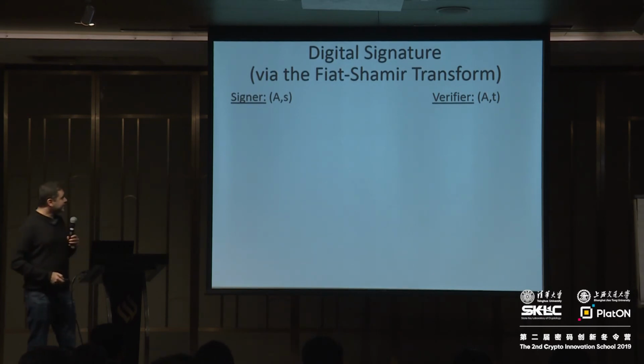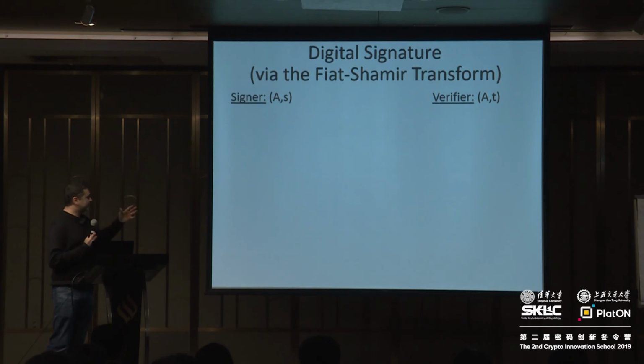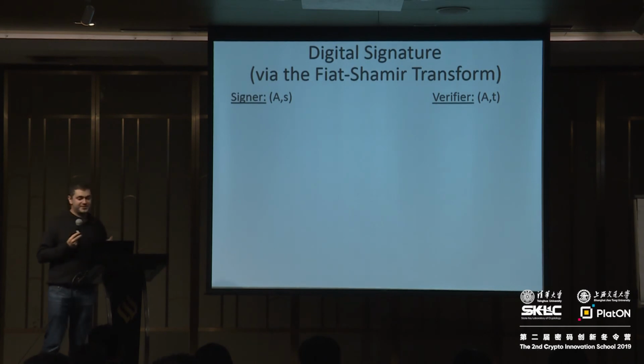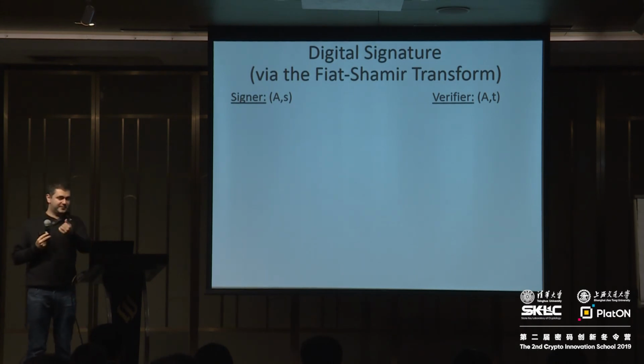So here's the digital signature via the Fiat-Shamir transform. Before, I was doing interactive proofs, but of course a digital signature is non-interactive, so the prover has to play the part of the verifier as well, but we can't trust him to play the verifier. He has to send the challenge after the first round. There's the first round W, and then he gets the challenge.